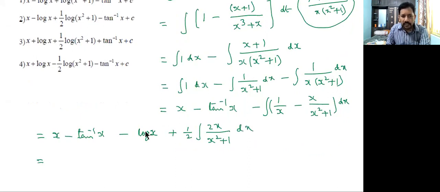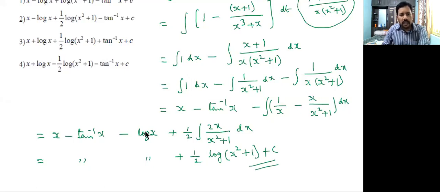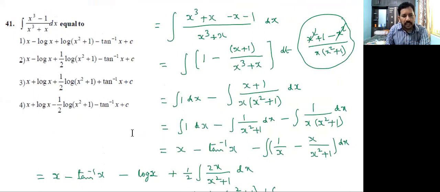Now finally, this is the same, this is also the same, and we get 1 by 2 into logarithm of x square plus 1 plus c. This is the final answer. Observe the options. Which option is correct? x minus tan inverse x minus log x plus 1 by 2 log x square plus 1.